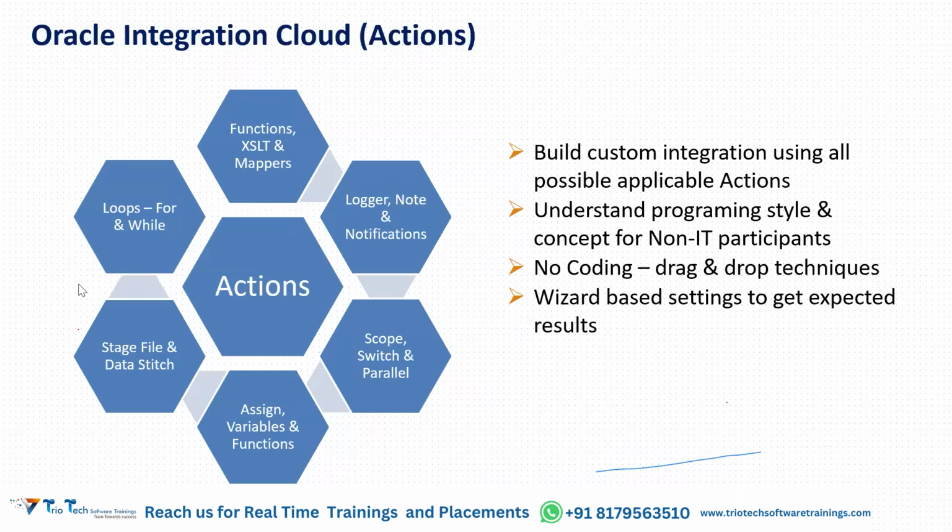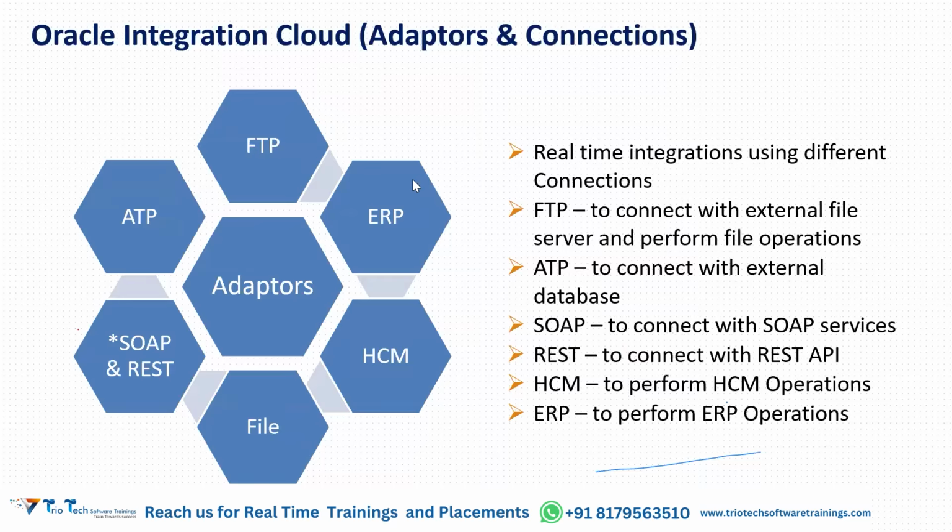That sort of complicated integration we are also going to build as part of this training program, which is called outbound integration. In the same way, if somebody is sending us data and we need to process it and insert, update or delete the data in the Fusion application, that is called inbound integration. So we will be learning and building inbound integration also as part of this training program. Okay.